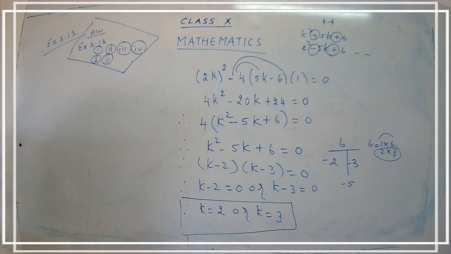Then the third question. If the roots of (a minus b) the whole x square plus (b minus c) the whole x plus c minus a is equal to 0 are real and equal. Here again, they have given you that the roots are real and equal. That means, what is the value for delta? The value for delta is equal to 0.